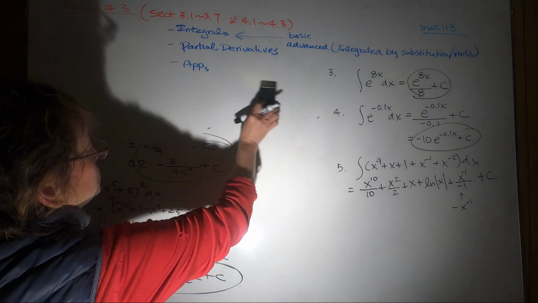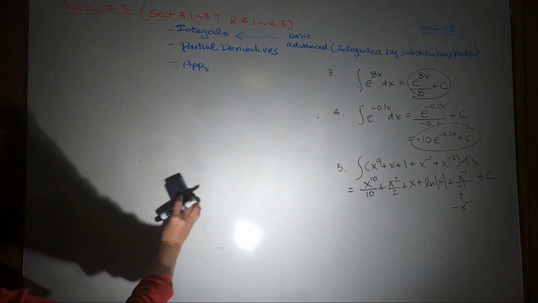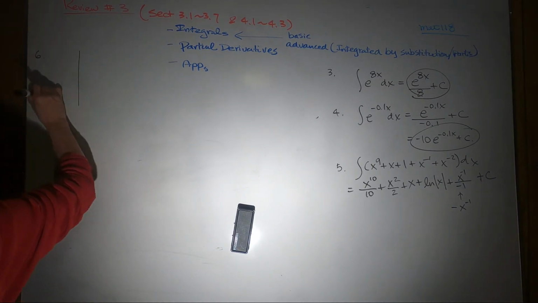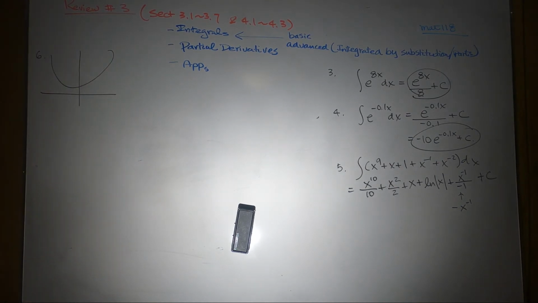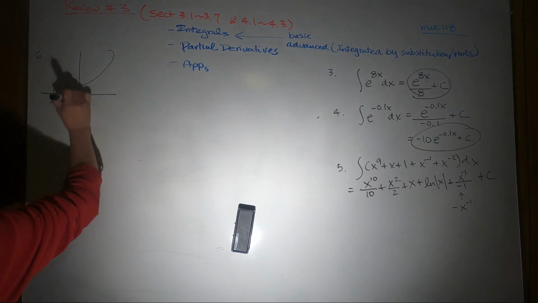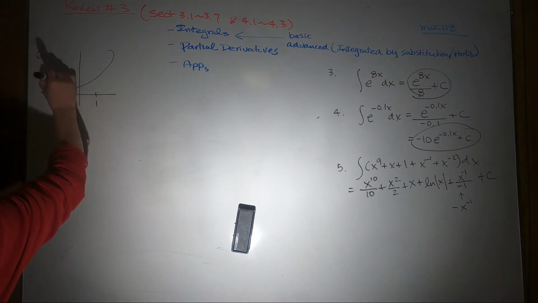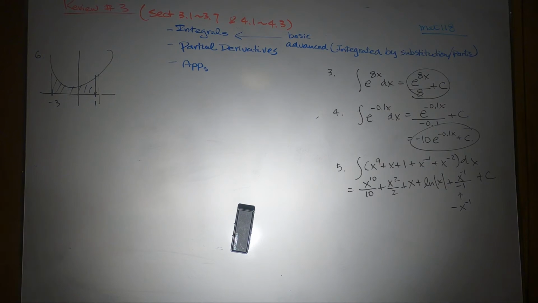So then let's do some definite integrals. For your number 6, you have a graph like this. Then you want us to do from -3 to 1. Find the area underneath the curve, right?